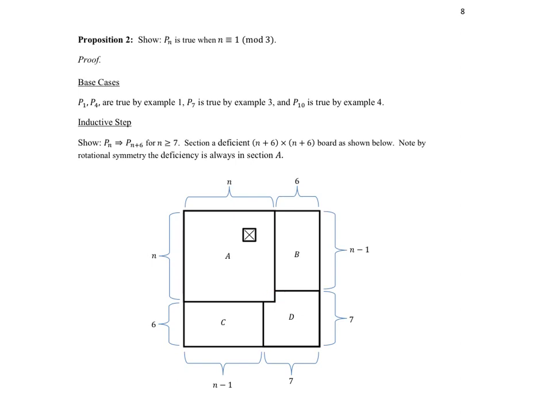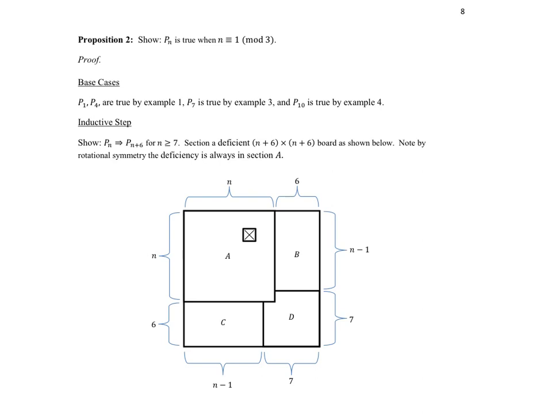What's so nice about the 7 by 7 board is it gives us rectangles that can be tiled in sections B and C. So that's why in our inductive step we're going to look from Pn to Pn plus 6. And we're going to solve this problem for every n value bigger than or equal to 7.